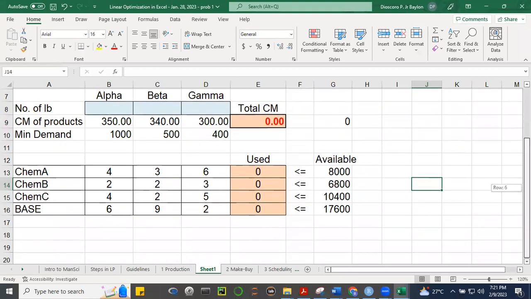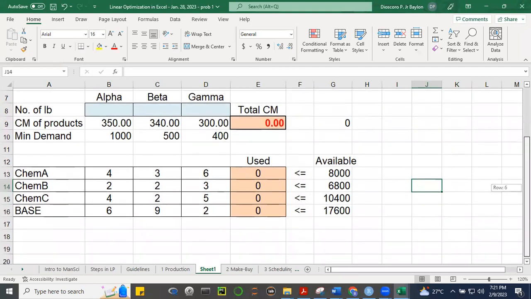Okay, that's good. All right, and then we go to a relatively more difficult one, to set up your constraints. In our case, the constraints are limited to the resources available, chemicals A, B, and C. There were no constraints as far as availability of machine hours or employee hours is concerned.